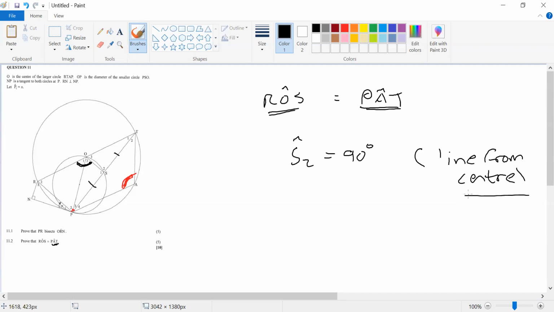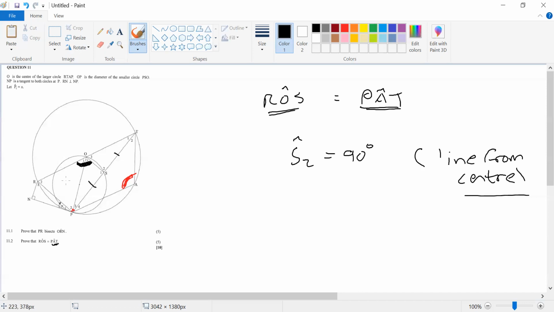So because we know that S2 is equal to 90 degrees, what else can we figure out from there? Opposite. So think triangles. So look at angle ROS. Yes. So our angle ROS is that angle right there.